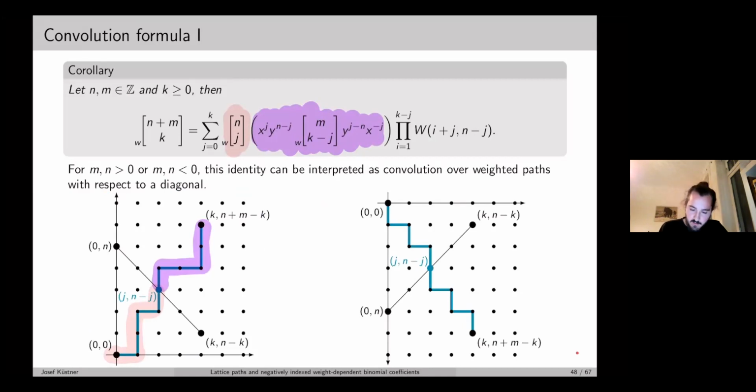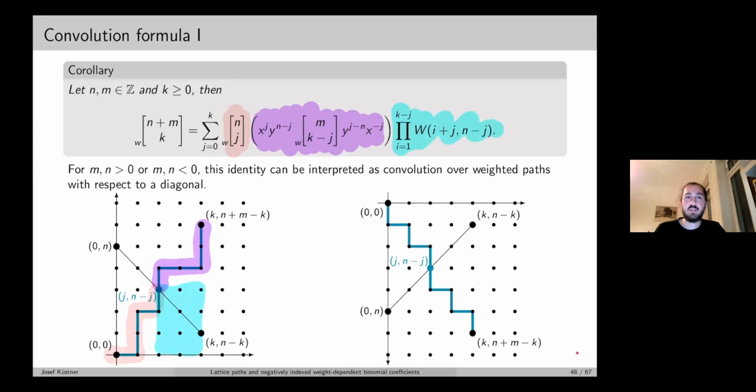And also we have this product over weights, which just corresponds to the weights which will appear here between the path and the x-axis. Okay, and if we sum over all j from 0 to k, then we will end up with all lattice paths from 0, 0 to k, n plus m minus k, which are counted by n plus m choose k.